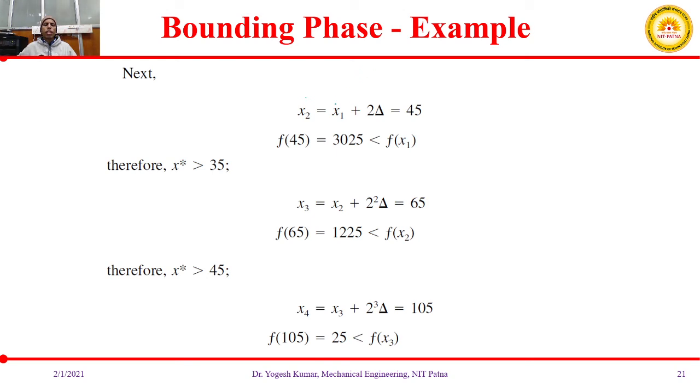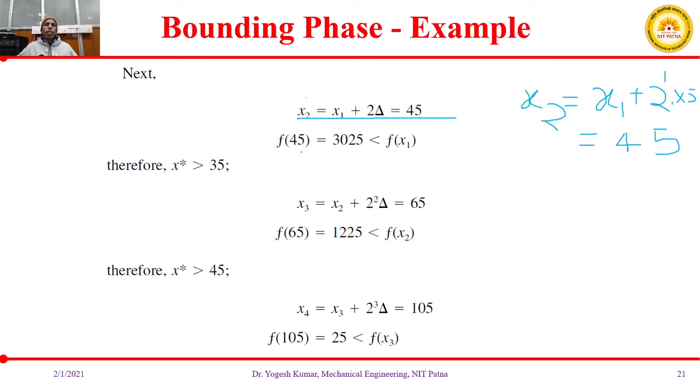Now let us calculate the next value, x2. x2 will be x1 plus 2 to the power k, because this was k plus 1, sorry, xk. So xk is now x1, plus 2 to the power 1 into delta, which is 5. So what will come? 35 plus 10, this will be 45.